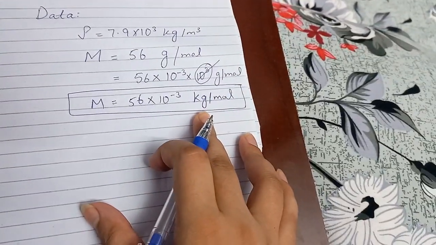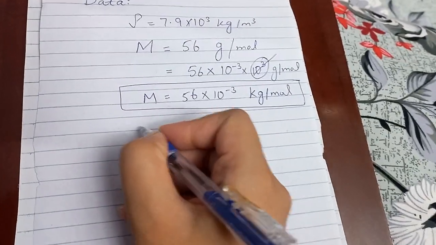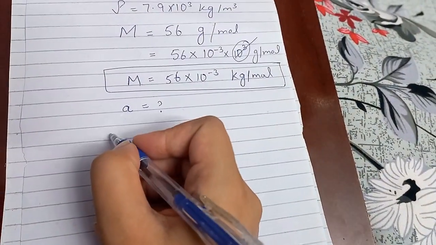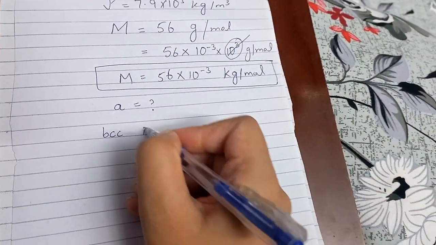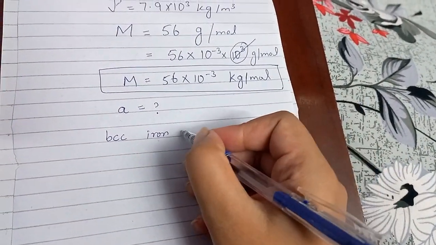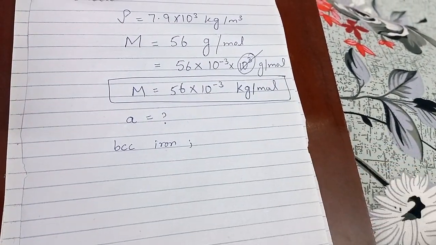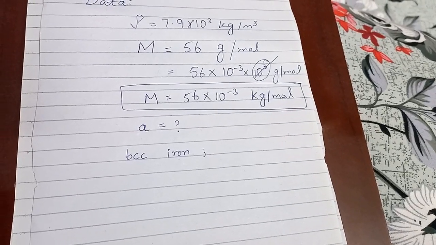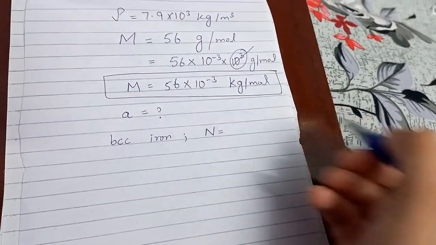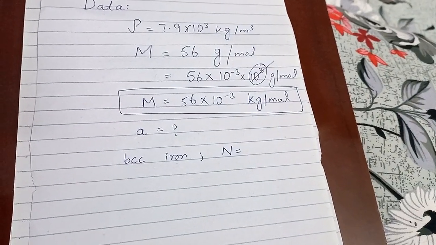Besides that, we need to calculate the size of the unit cell, and we are given BCC iron. This information is given. That should be kept in mind, because in the formula that we will be using, there will be use of a quantity named number of atoms per unit cell.